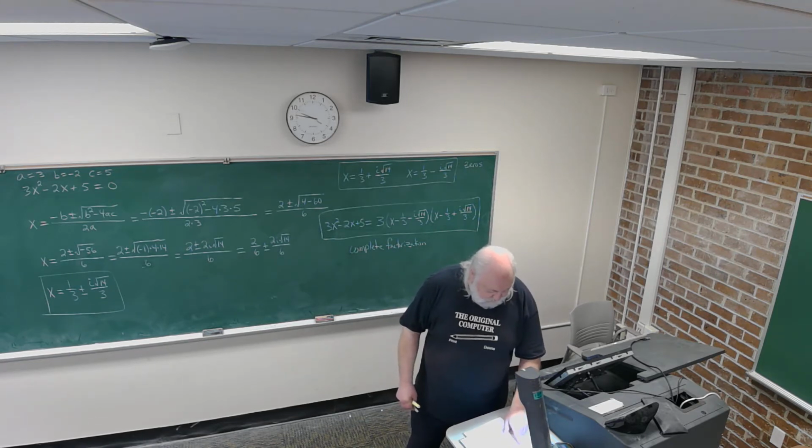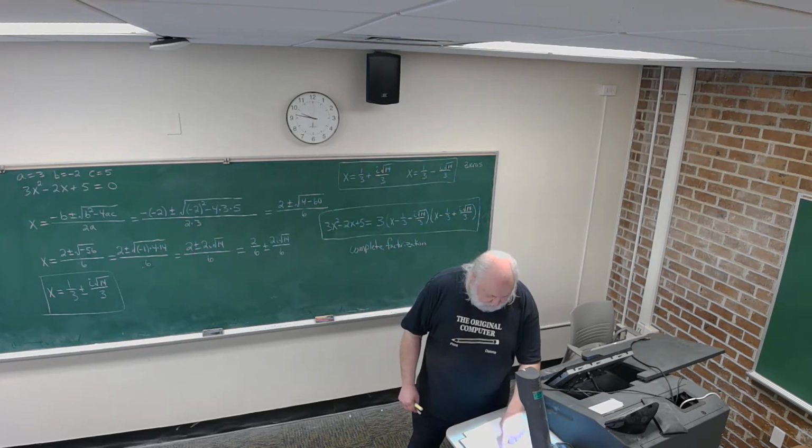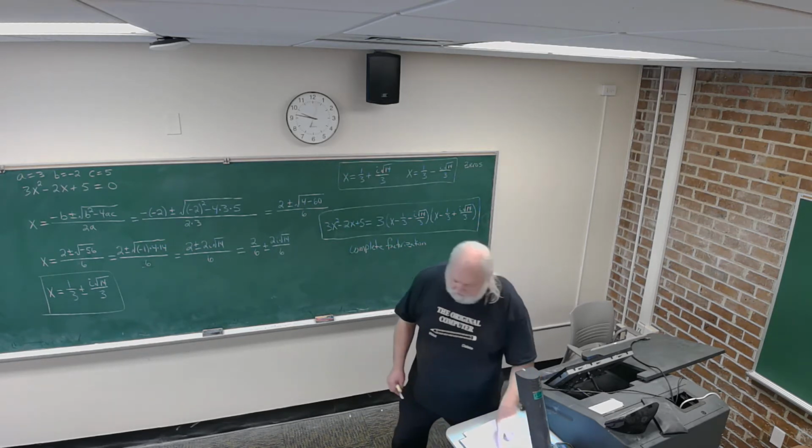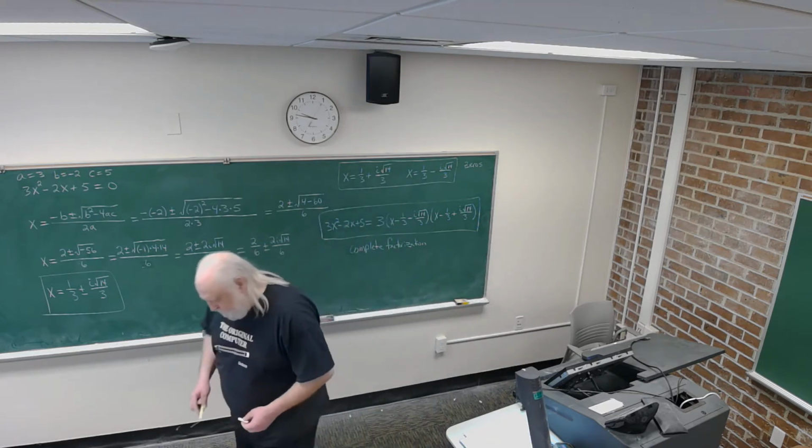So in example 7, we're going to find a polynomial of degree 5 that has integer coefficients, which are real numbers, and zeros at x equals 1, x equals i, and x equals 2 plus i.